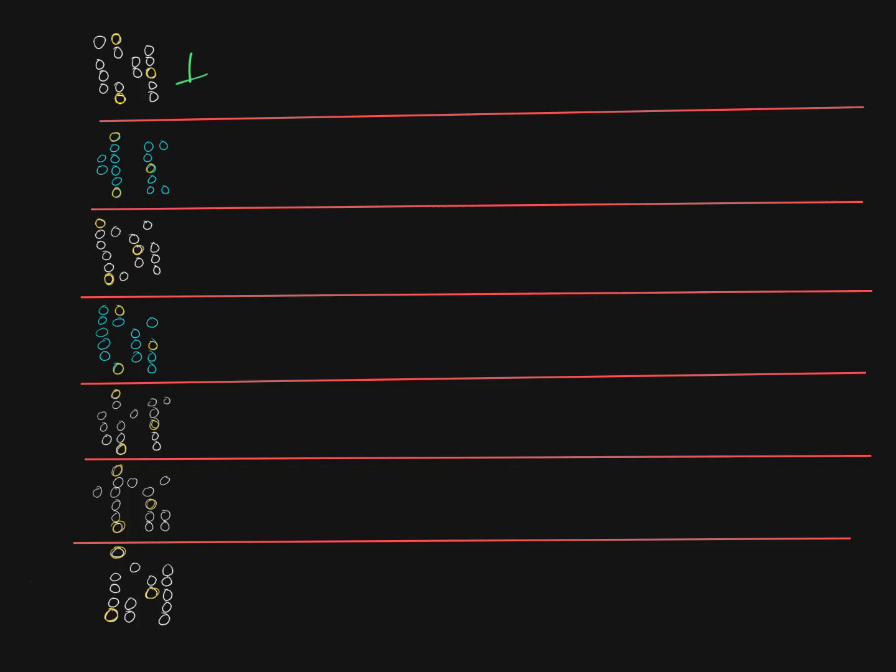So each one of these represents a mode. I'm going to label it with Roman numerals here. 1, 2, 3, 4, 5, 6, 7. This relates to like the 1 chord, the 2 chord, the 3 chord, like that.